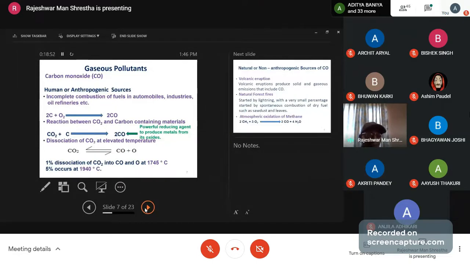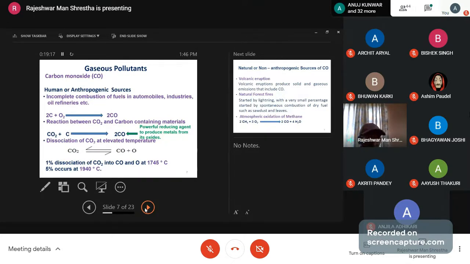Carbon monoxide is released by incomplete combustion of fuel in automobile industries and oil refineries. When fuels used in the automobile industry are burned in a small amount of oxygen, that forms carbon monoxide.